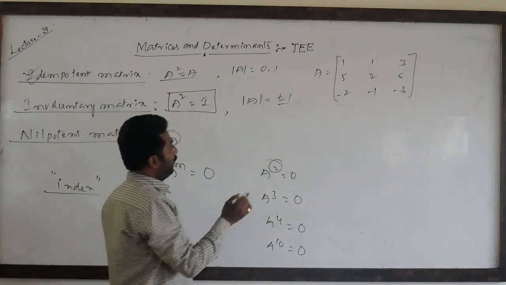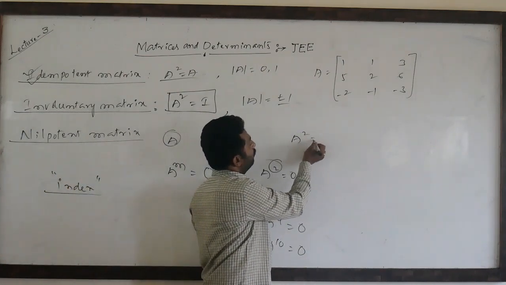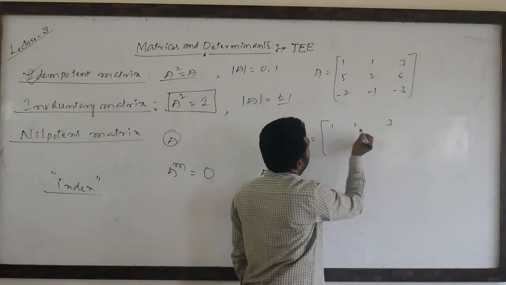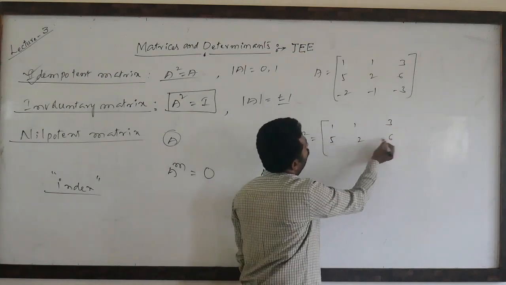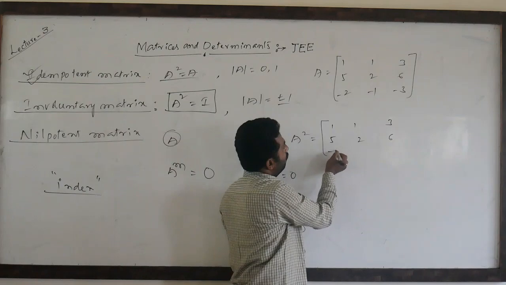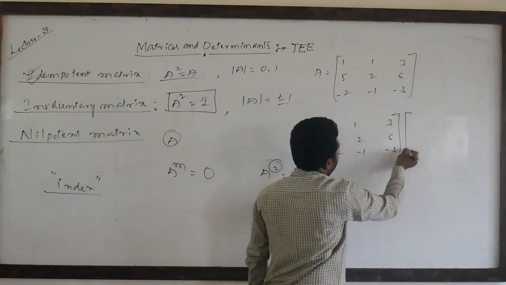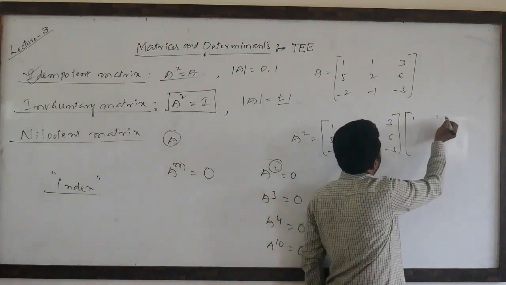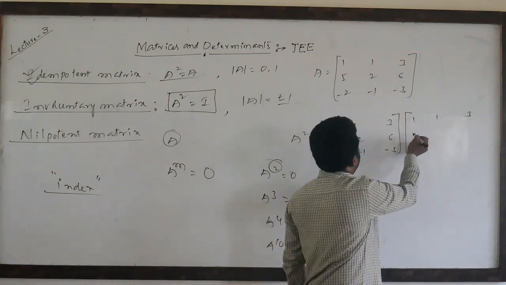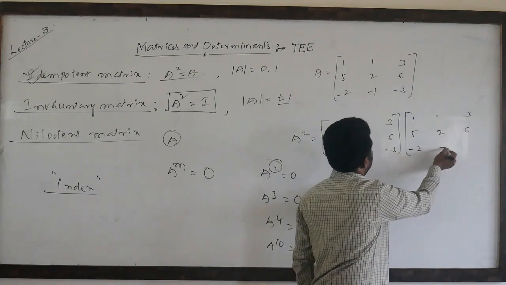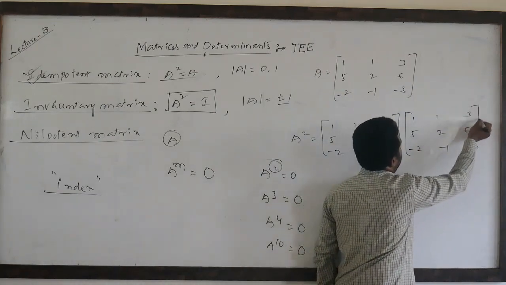First we will calculate A square. A square means A into A: 1 1 3, 5 2 6, minus 2 minus 1 minus 3 into the same matrix 1 1 3, 5 2 6, minus 2 minus 1 minus 3.